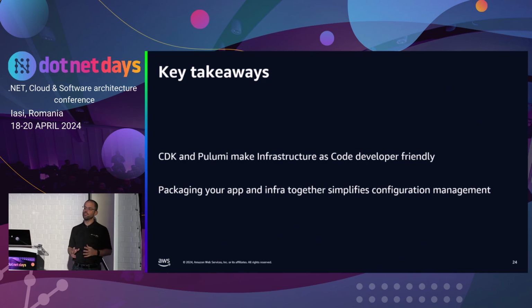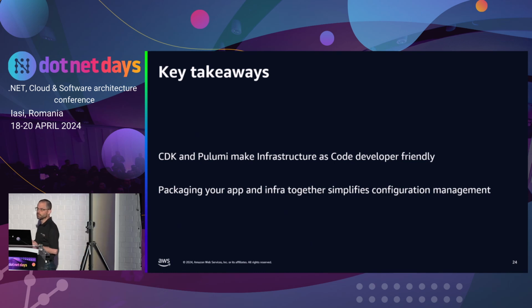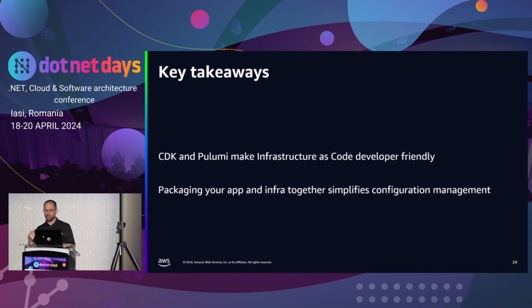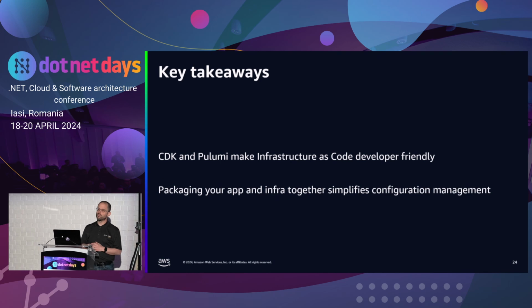And locally, you are changing the code of your Lambda function. If you run CDK watch, it will watch the change you're making and upload a new version of the code while you are updating your code. So for debugging purpose, for testing purpose, it keeps your deployed infrastructure up to date.